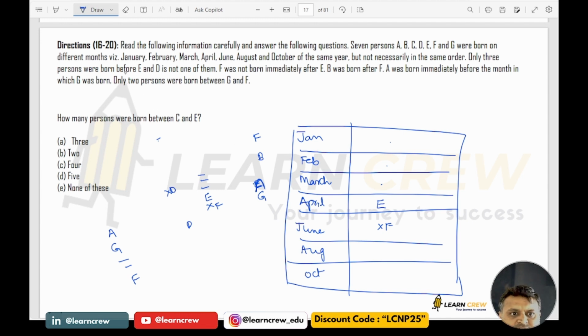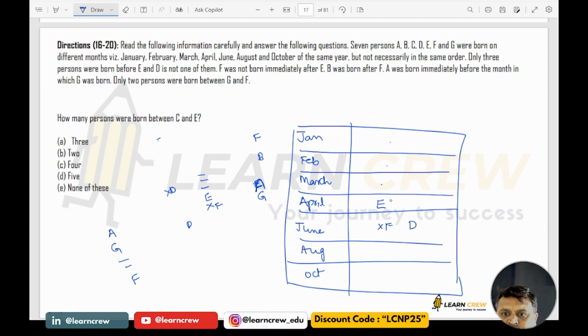F was not born immediately after E. For example, I am taking D here. If D is born here, F was not born immediately after E, it's over.